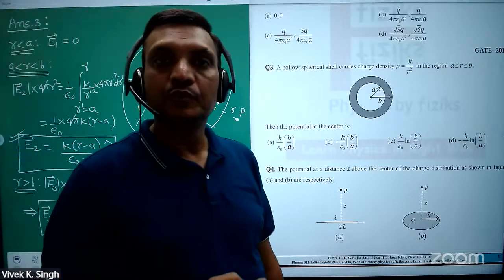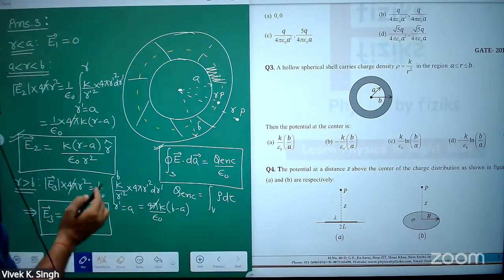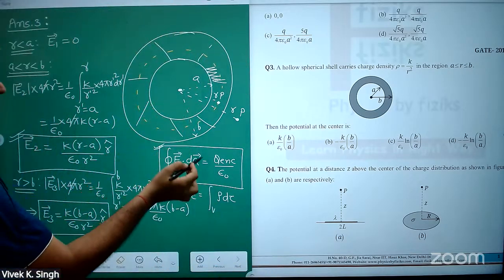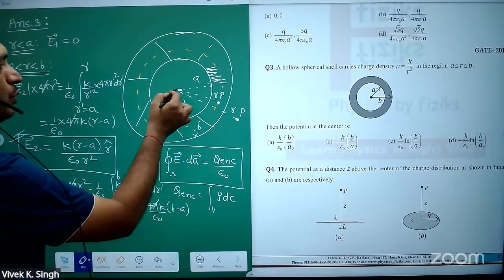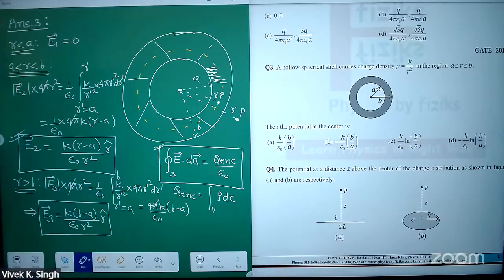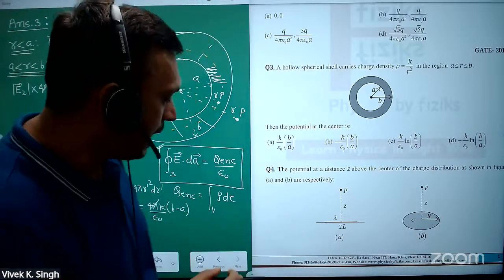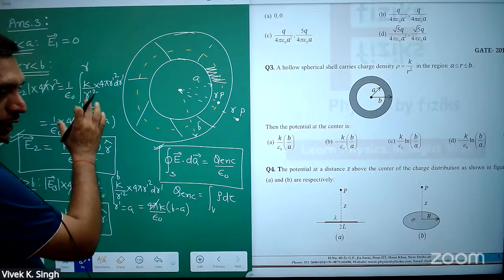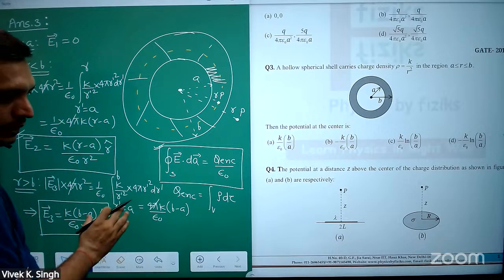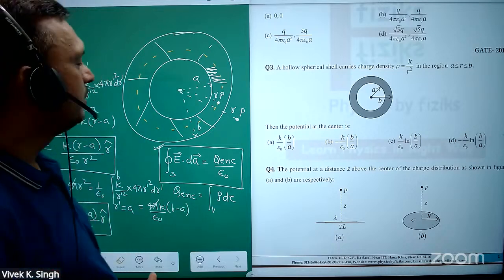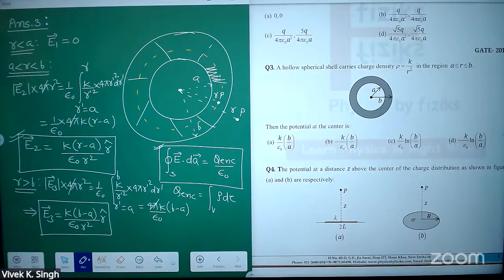So first you have to find the electric field. So if you know E1, E2, E3 in different regions, now you can define the potential at the center. So till now I have just applied the Gauss law and calculated the electric field. Now you have to find the potential. If you know E1, E2 and E3, now we will write the potential.